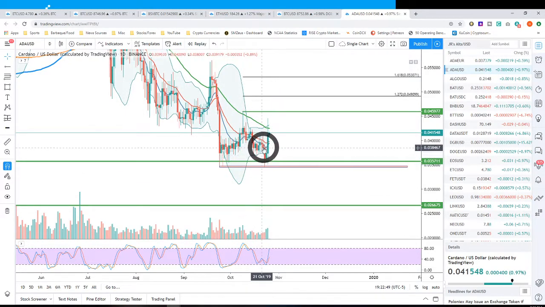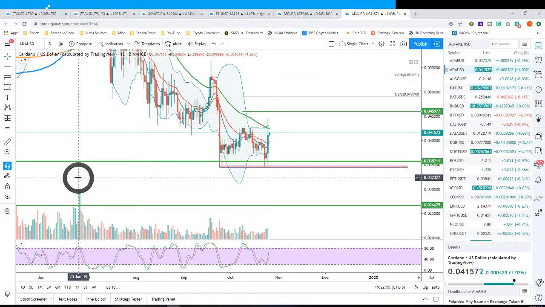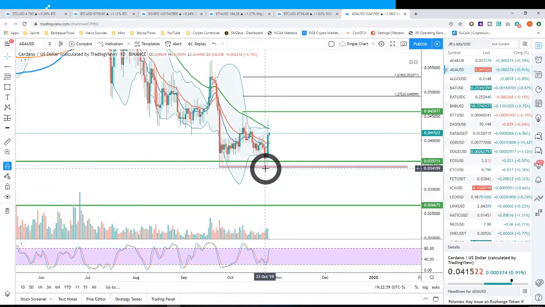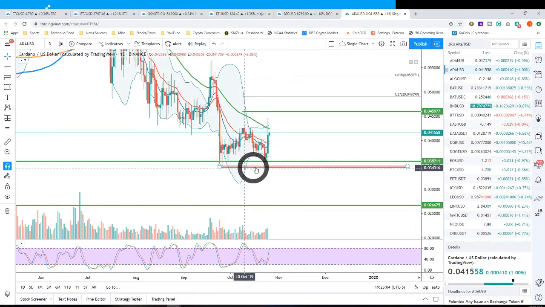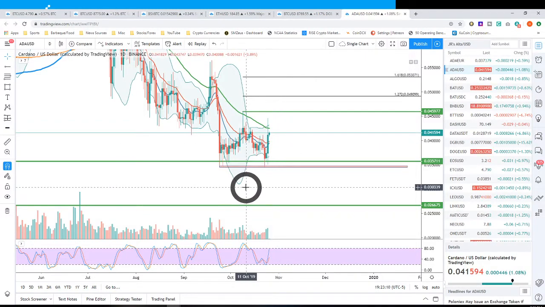Possible double bottom? That's on the USD pair. Right? Bottom, bottom. That's a double bottom. Reacted pretty strong off of it. Am I wrong?